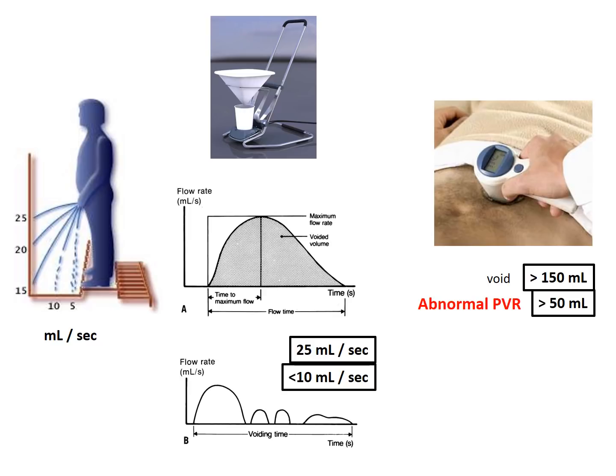So there's an example of a flow cytometer at the top. In the middle picture is an example of a normal urinalysis with a good flow over time curve. And then look at that bottom picture. That's an individual who starts and stops and starts and stops, and has really low flow. That's very indicative of symptoms of BPH.